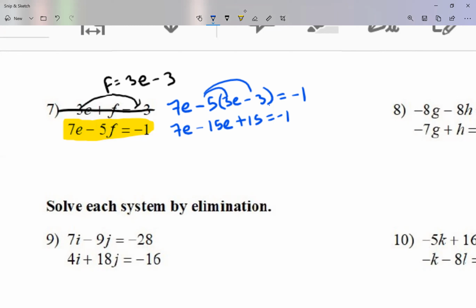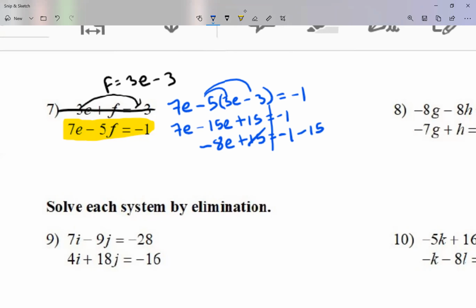So to simplify things, on the left side, I can combine my e's, right? 7 minus 15. That gives me negative 8e plus 15 is equal to negative 1. All right, I want the e by itself. So this plus 15, let me move it over as a minus 15, right?